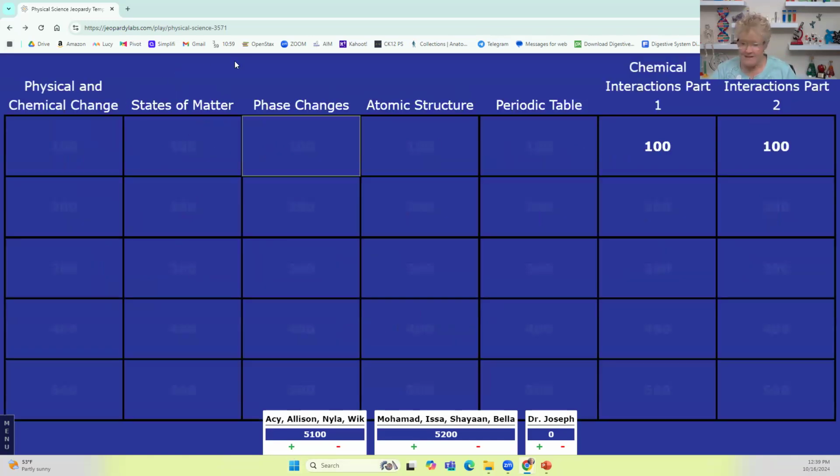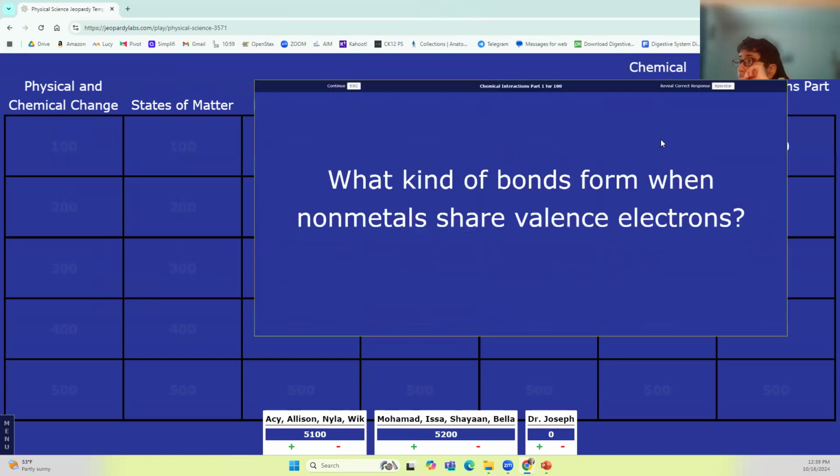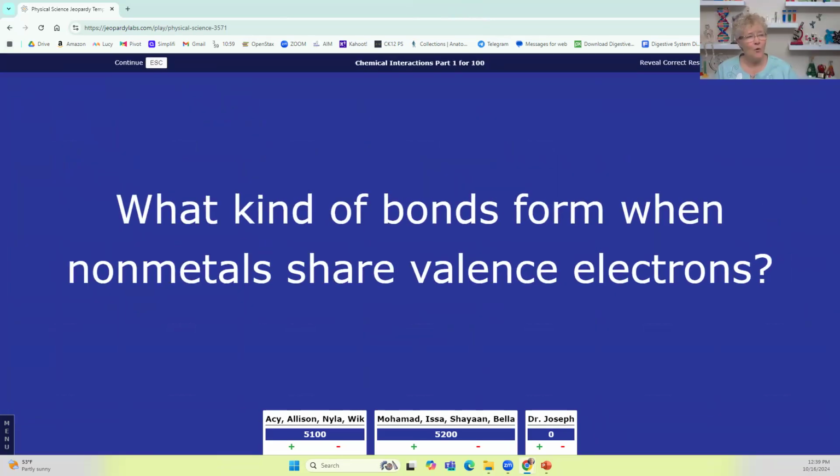Now Cheyenne was last, so Muhammad, you have the last one. And then that's going to be it because each team will have had the same number. Chemical interactions, part 1. What kind of bonds form when nonmetals share valence electrons?